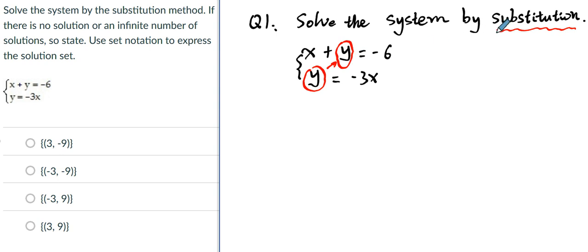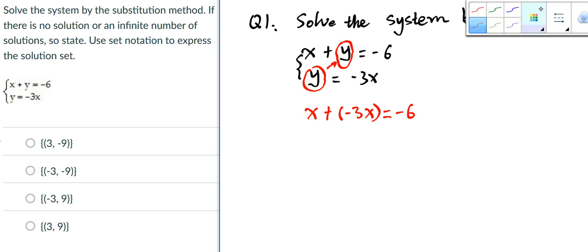That's the meaning of the substitution method, since y equals -3x. By doing so, we have x plus -3x equals -6. So that's the substitution.